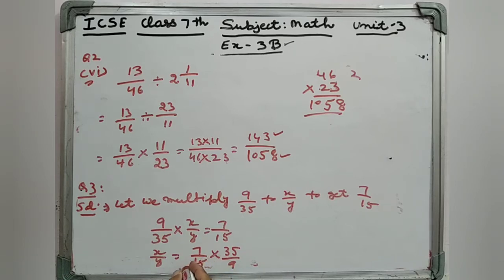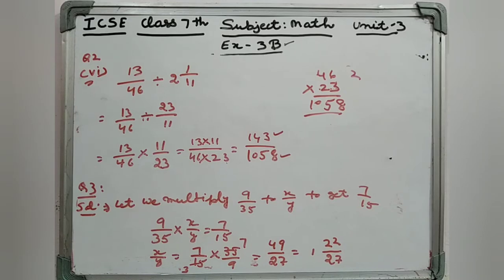So 5 threes are 15, 5 sevens are 35, right? Now no more simplification. 7 sevens are 49, 9 threes are 27, right? Now we can make a mixed fraction of it. 27 ones are 27, the remaining is 49 minus 27, 22.